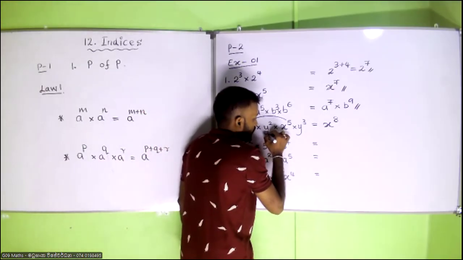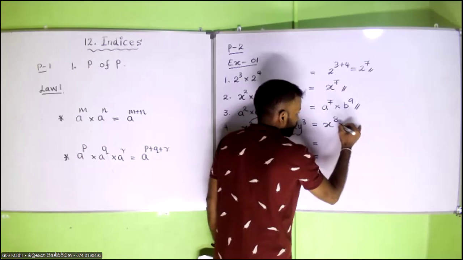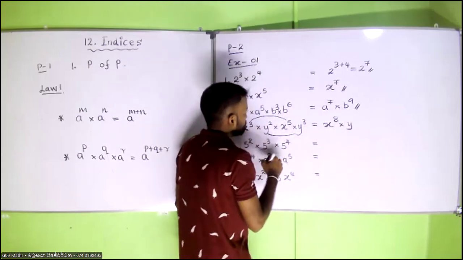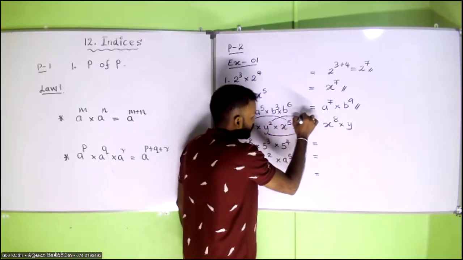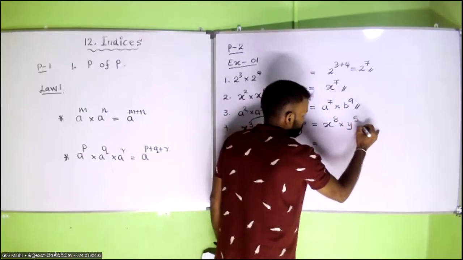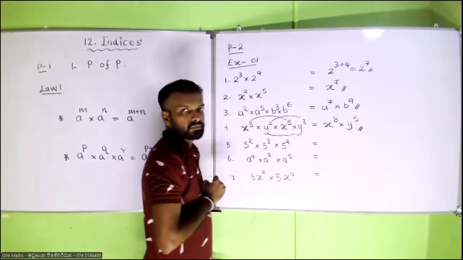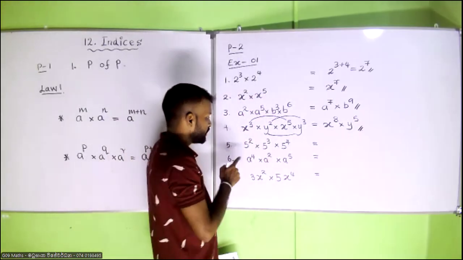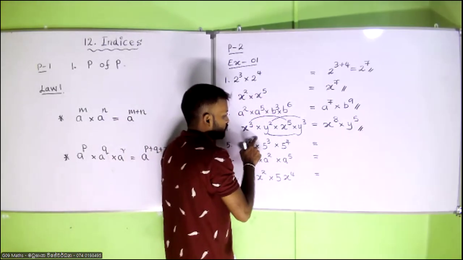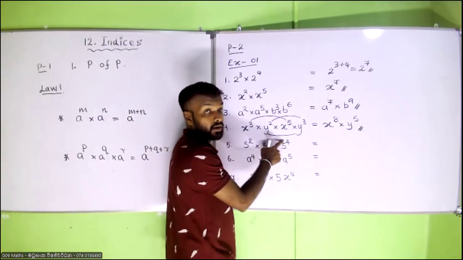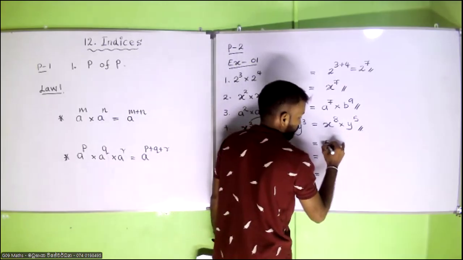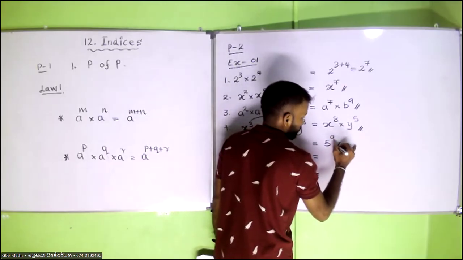Banana, y multiplied by y. Banana 2, banana 3, 2 plus 3, 5. Here, apple 2 plus 3, 5. 5 plus 4, 9. x to the power 9.